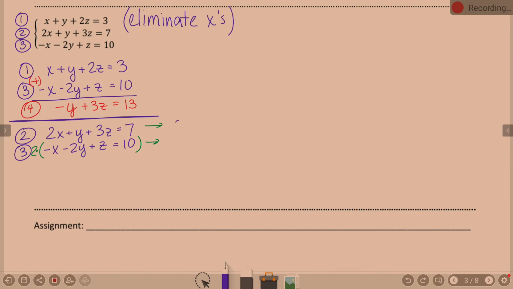So, top equation is still 2x plus y plus 3z equals 7. Bottom equation, when I multiply by 2, is now negative 2x minus 4y plus 2z equals 20.